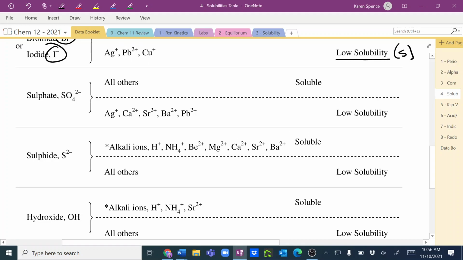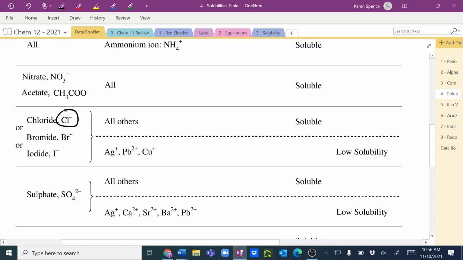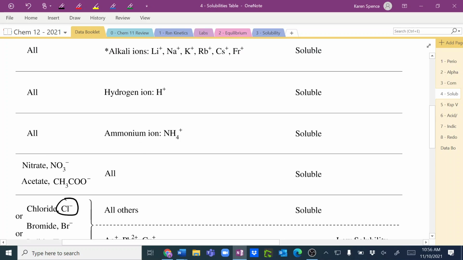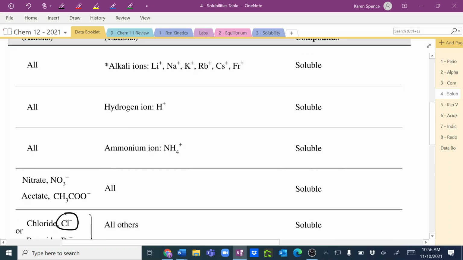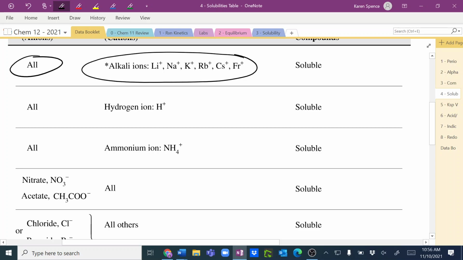So what cations are soluble with everything? Your alkali metals are soluble with everything. Are there any other choices? Hydrogen. The problem with hydrogen is, what kind of compounds have hydrogen in them? Acid. So if you have anything that reacts with an acid, that's going to cause you problems.